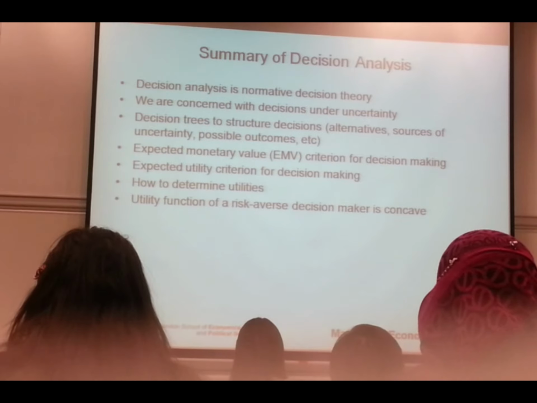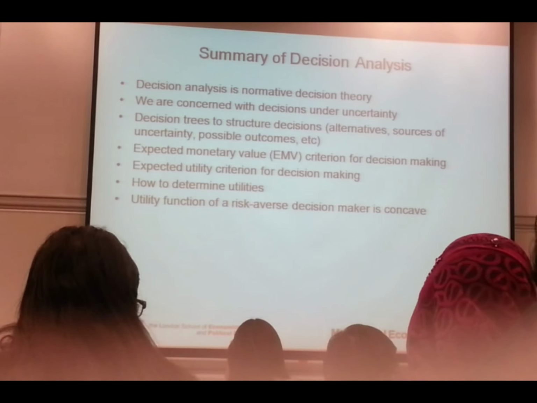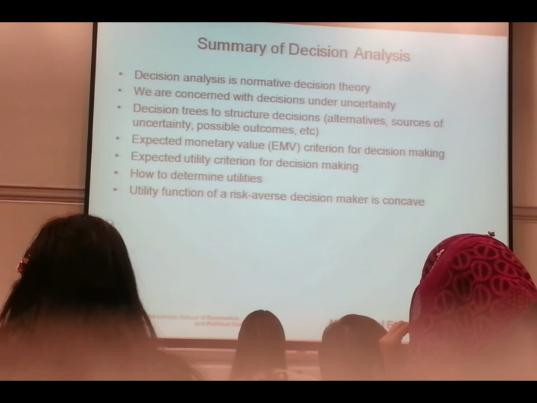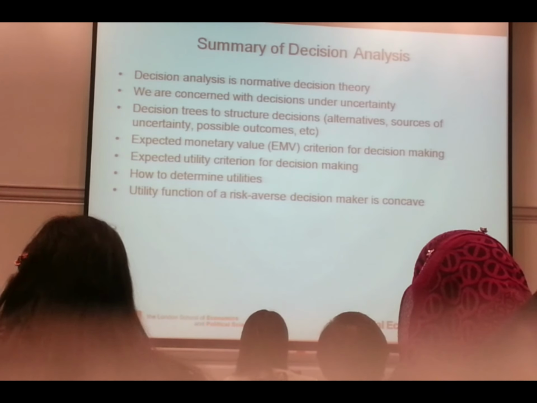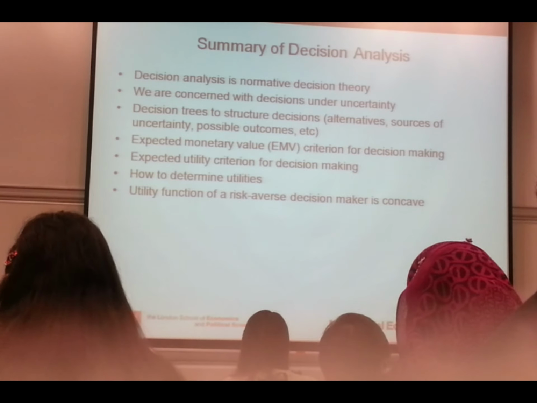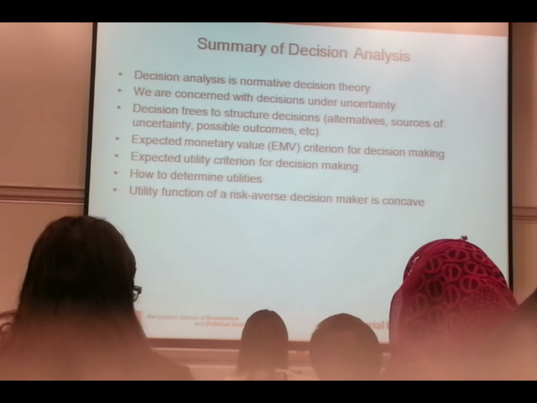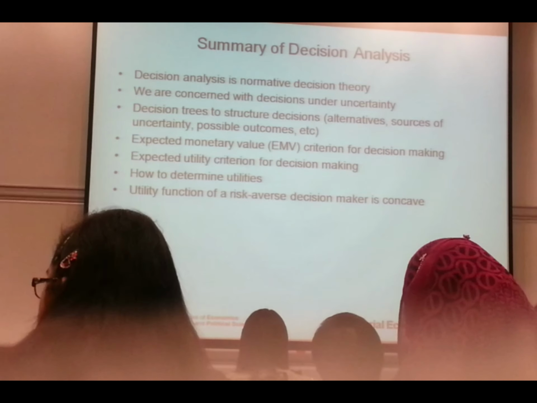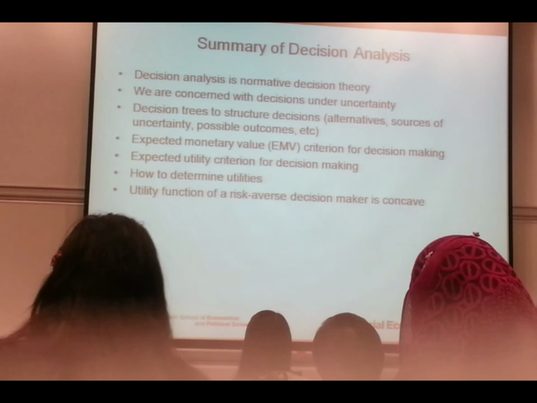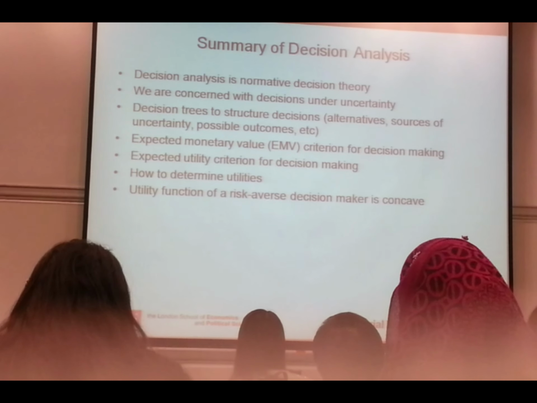You know how to structure decisions using decision trees. Whenever you are faced with drawing up a decision tree, you know what alternatives are available, what the sources of uncertainty are, what the possible outcomes are, what the payoffs are, etc.